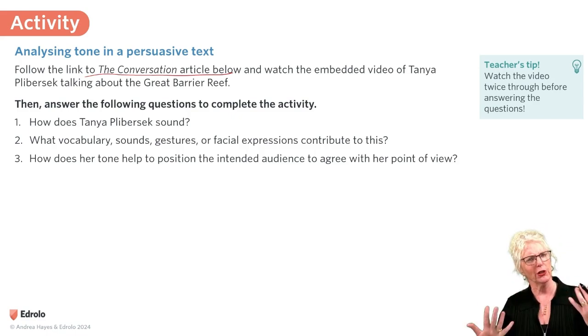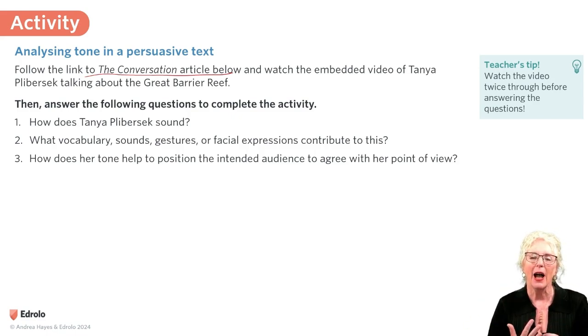And because you can hear this, it might be a bit easier than reading a main text. 2, what vocab, sounds, gestures or facial expressions contribute to creating this tone? And 3, how do you think her tone helps position the intended audience to agree with her point of view?